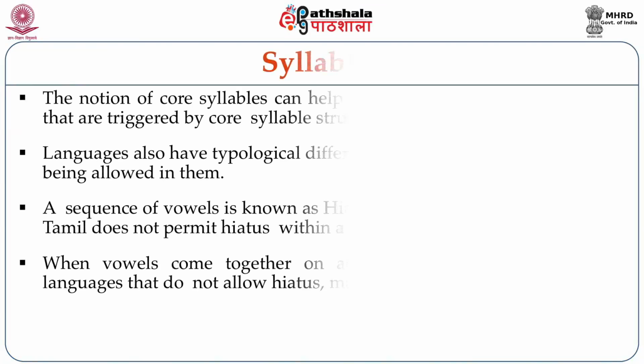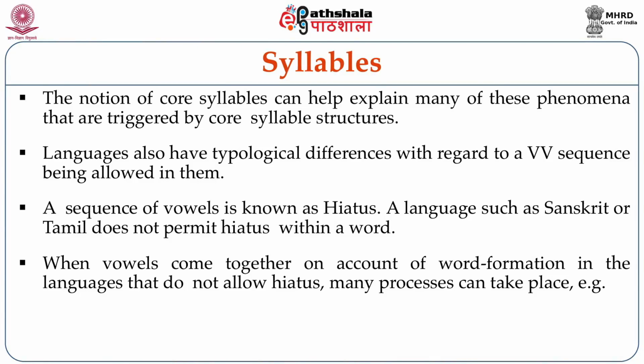Now, there are other things that you do with this CV structure. For example, constraints about which we have spoken. So you can't have a sequence of syllables with only open syllables such as VV. When languages come to have them on account of word formation, then there are various processes that are found to take place, as discussed earlier too.